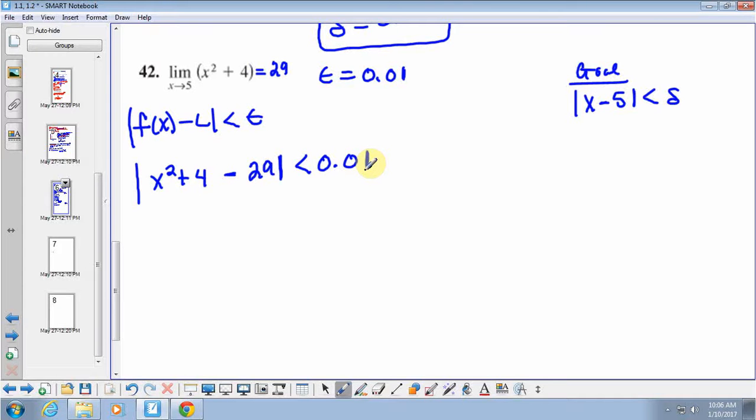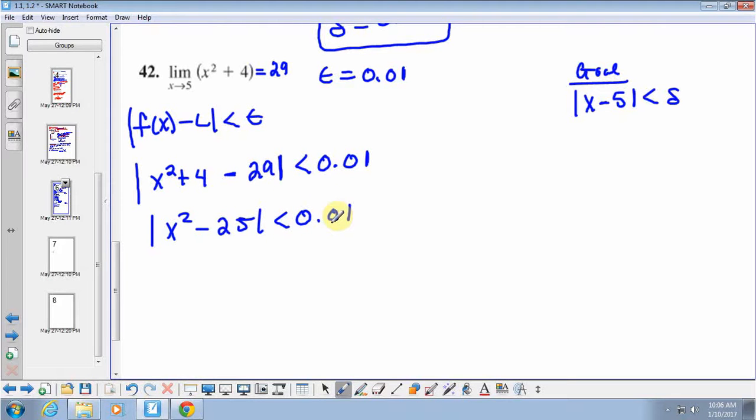And I need to work with this until I get absolute value of x minus 5 on that left-hand side by itself. But we've already said it's not going to be as straightforward as the last problem. So over here, I can combine. I get x squared minus what? 25.